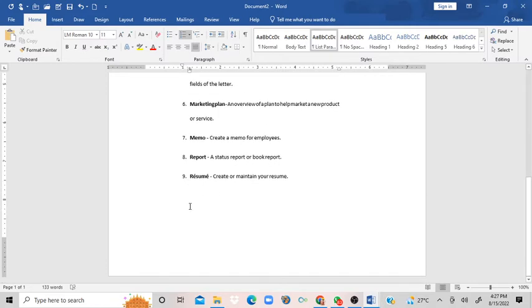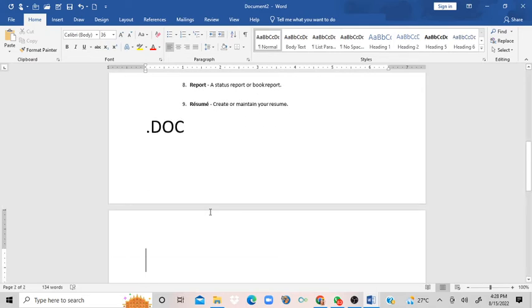Then another thing that you need to note is that whenever you create a document in Microsoft Word, you see a file extension, and that file extension is called .doc, or in the new versions you will see .docx.